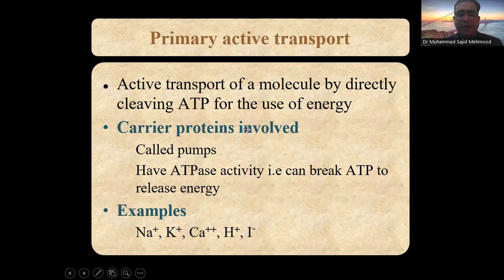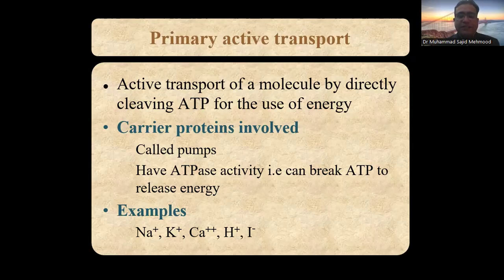एटीपी की, and carrier proteins are involved, and these carrier proteins are called pumps, and these carrier proteins or pumps have the ATPase activity, that is enzymatic activity to break down the adenosine triphosphate to ADP and phosphate, which releases the energy, and that energy released is used for the uphill movement of the substances.